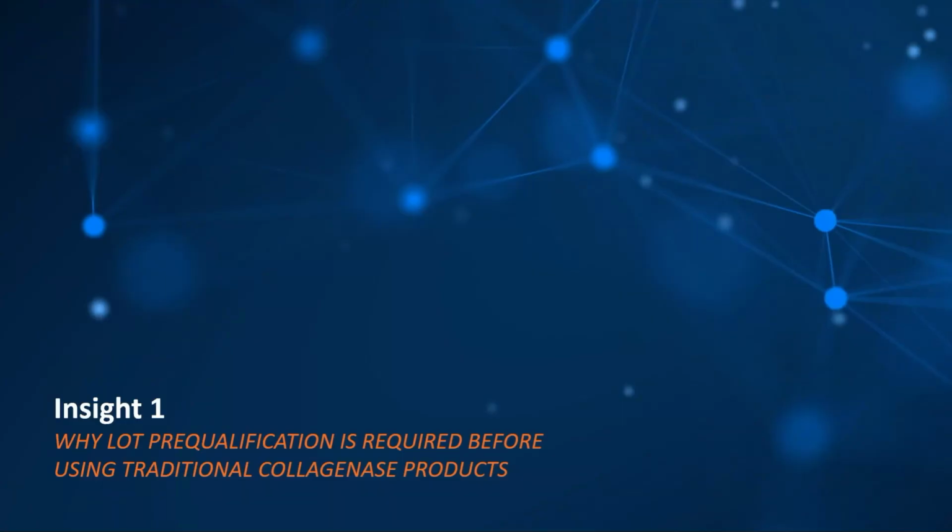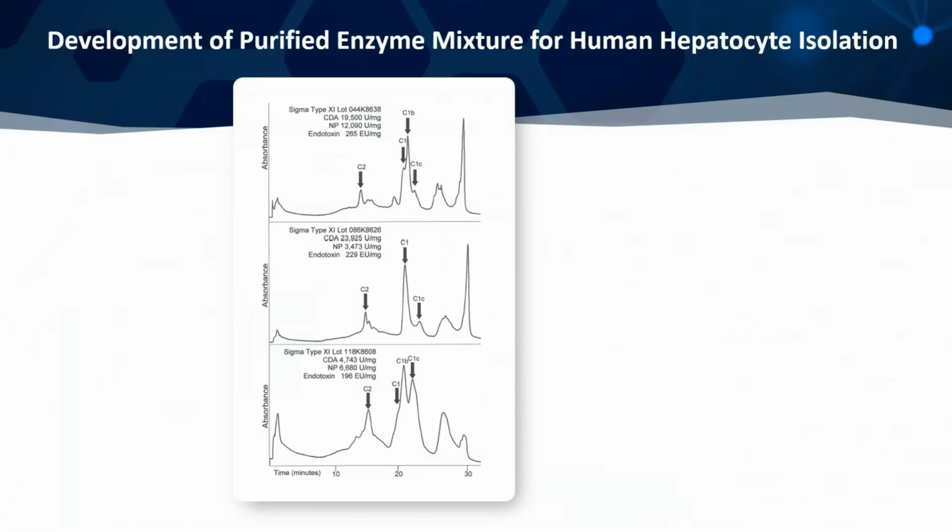So the insight that we gain from this model is, first and foremost, why do you need to lot pre-qualify a traditional collagenase product? The best example I can show you is, and this is in a publication by Greer McNally in 2012 on development of a purified enzyme mixture for human hepatocyte isolation, the variability you see in this type 11.